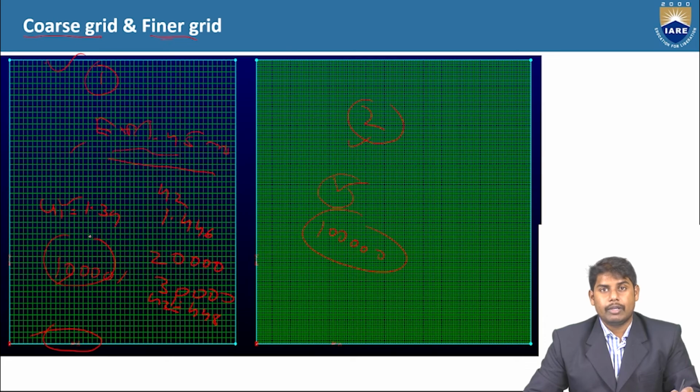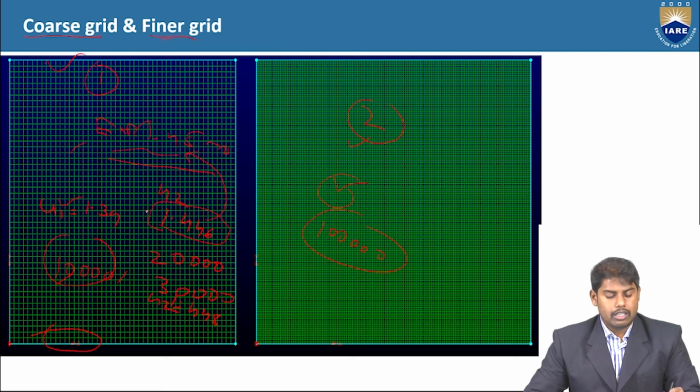U1 is the case with 10,000 grid points, U2 is the case with 20,000 grid points, and U3 is the case with 30,000 grid points. You have approached a value near the experimental result of 1.45, with a very small error.